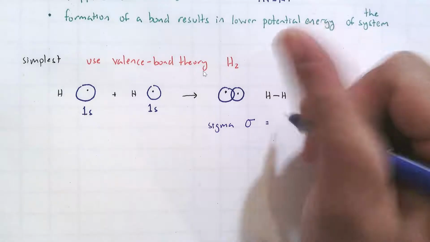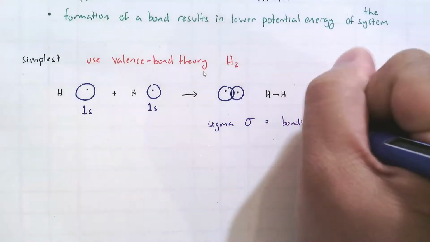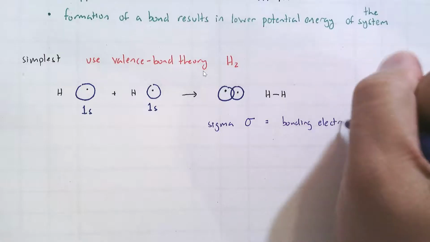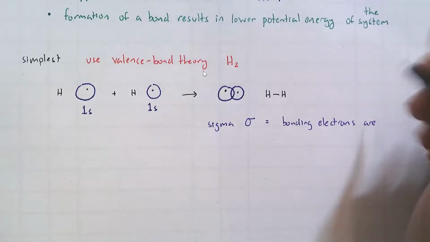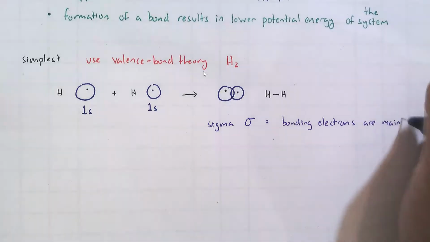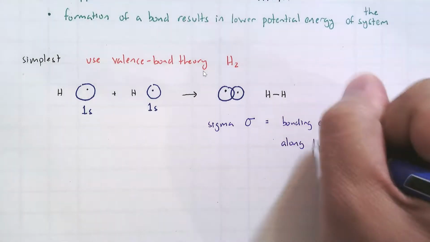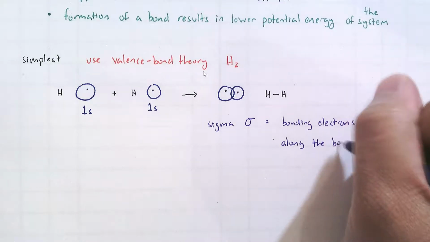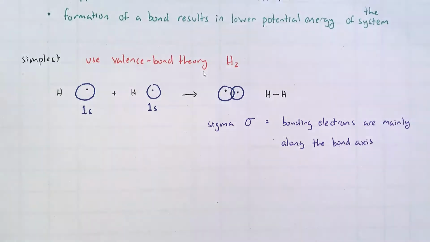That equals a bond where the bonding electrons, these two electrons here, are mainly along the bond axis. Meaning that we have two nuclei.